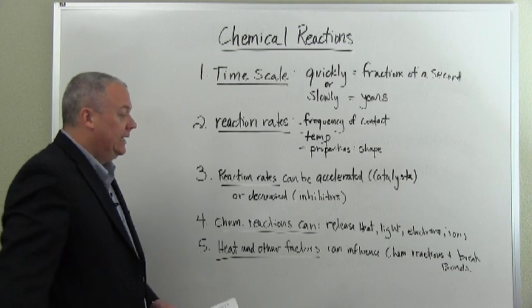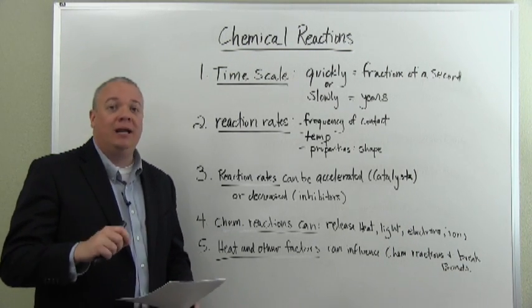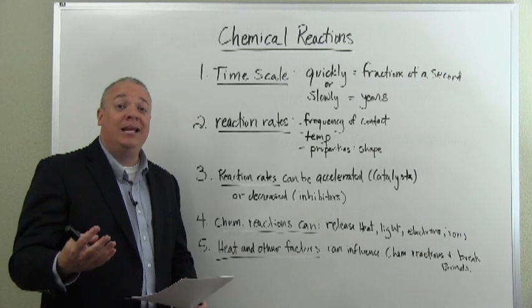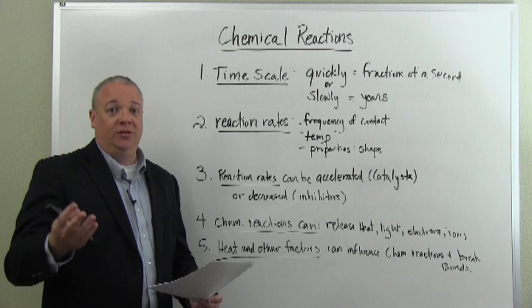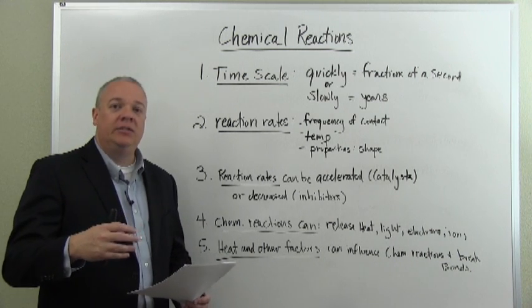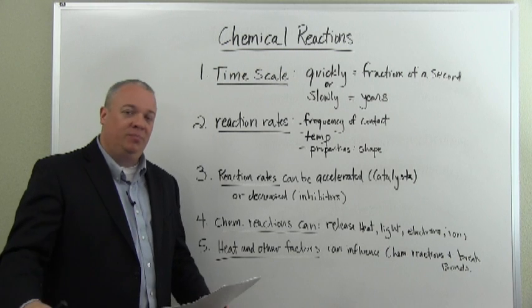And then finally, heat and other factors can influence chemical reactions and help break bonds. If you think in terms of breaking down carbon bonds, this is done obviously in the production of oil and related materials. You've got strong, stable carbon bonds that need to be broken down and split up.